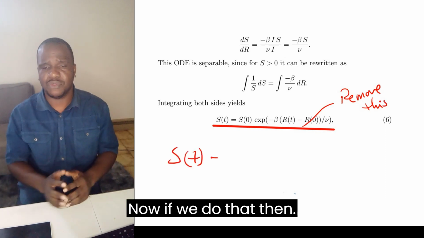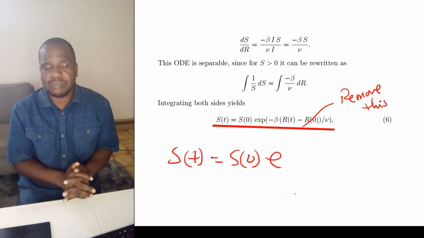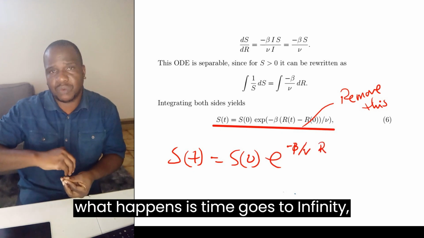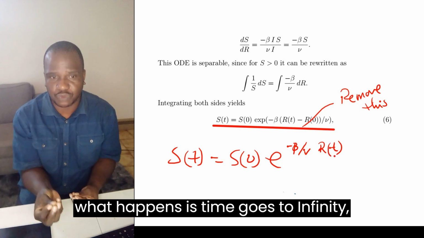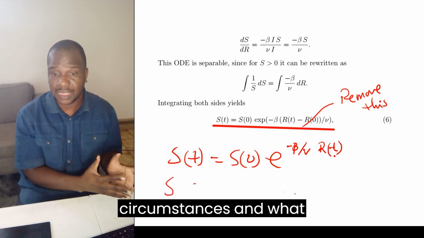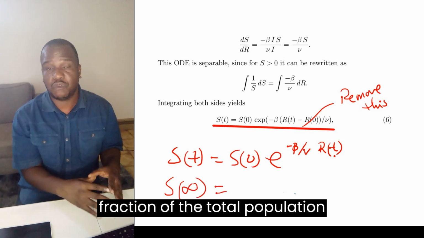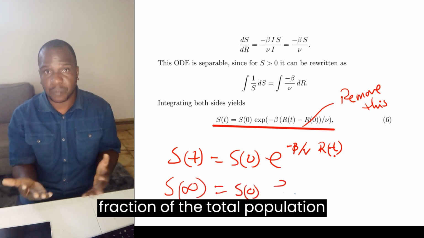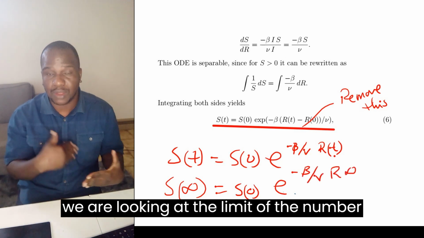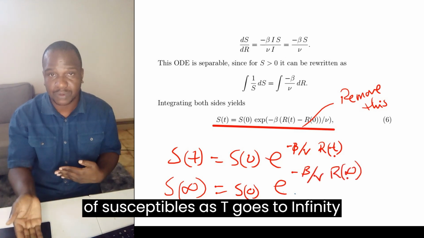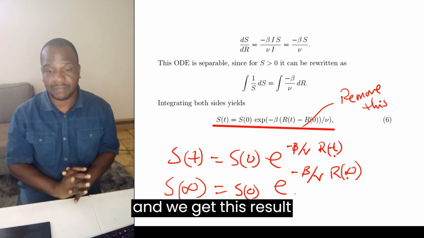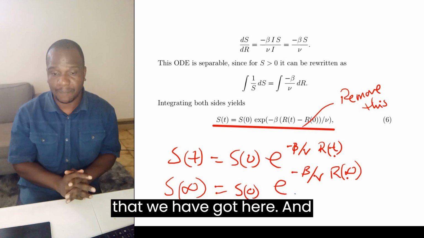Now, if we do that, then we can divide, because we are looking at what happens as time goes to infinity. What happens to the number of susceptibles, and what fraction of the total population remains as t goes to infinity? So we are looking at the limit of the number of susceptibles as t goes to infinity, and we get this result that we've got here.